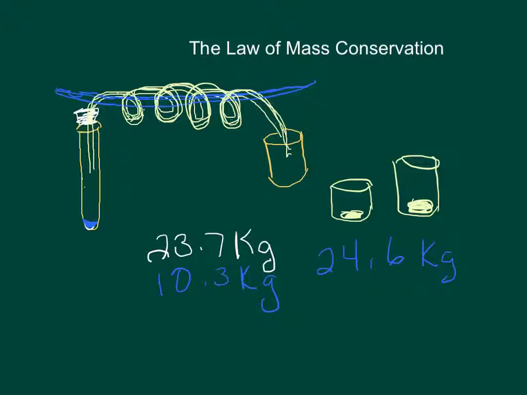Okay, why did it get bigger? Well, because it still has this little drop of sludge in it. So how much does that sludge weigh? Let's subtract the original weight of the equipment. Let's see, 0.9.